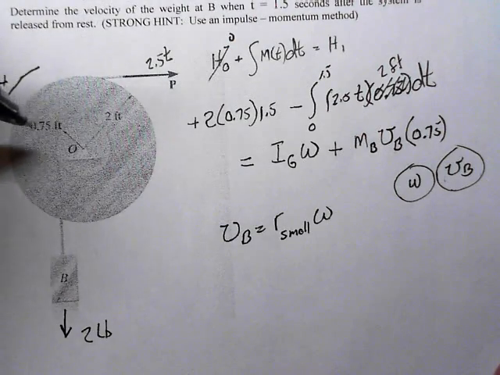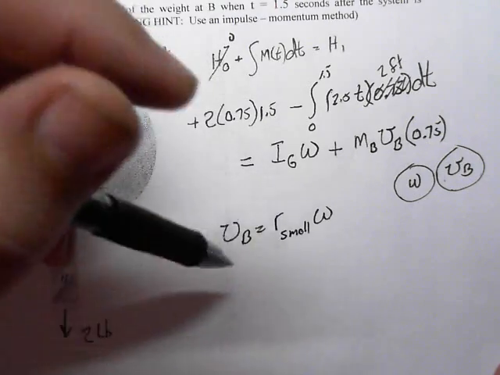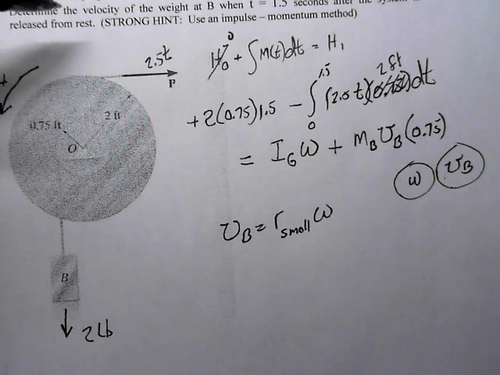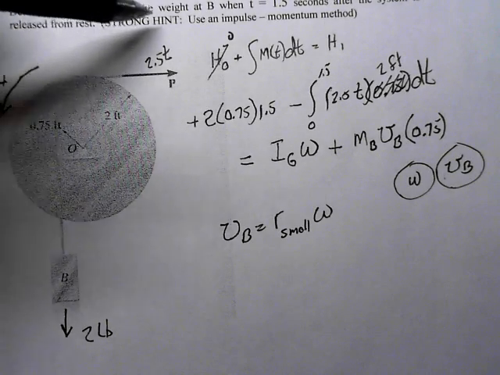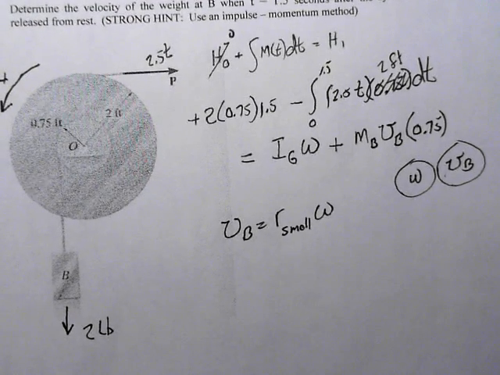We know the value of r small is 0.75 feet, and so now we have two equations, two unknowns, and we will learn the omega and the velocity of B. And what were we asked for? Determine the velocity of B when t equals 1.5 seconds, and we will have done that.